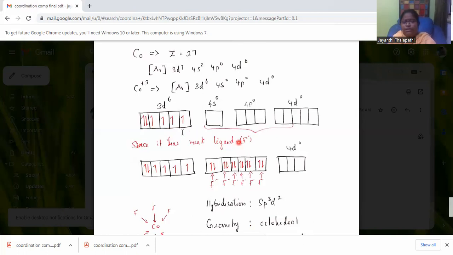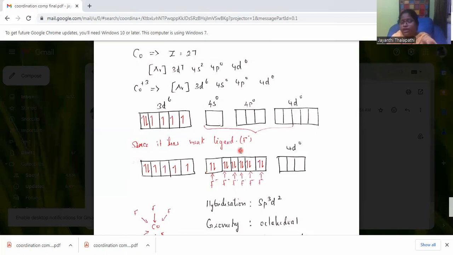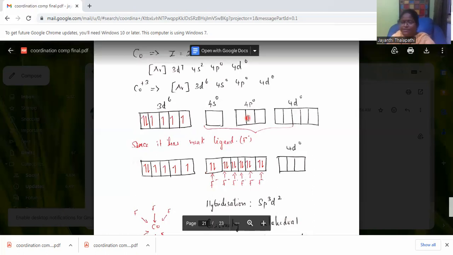Since it is a weak ligand, the electrons do not pair up. When they do not pair up, all 6 fluoride ions, because we have F6, hexafluorido, will each donate one pair of electrons to these 6 boxes.